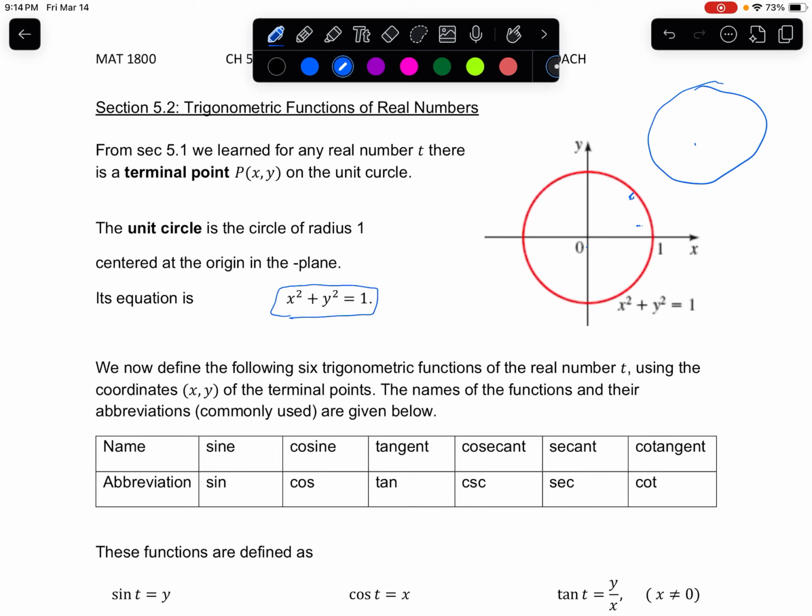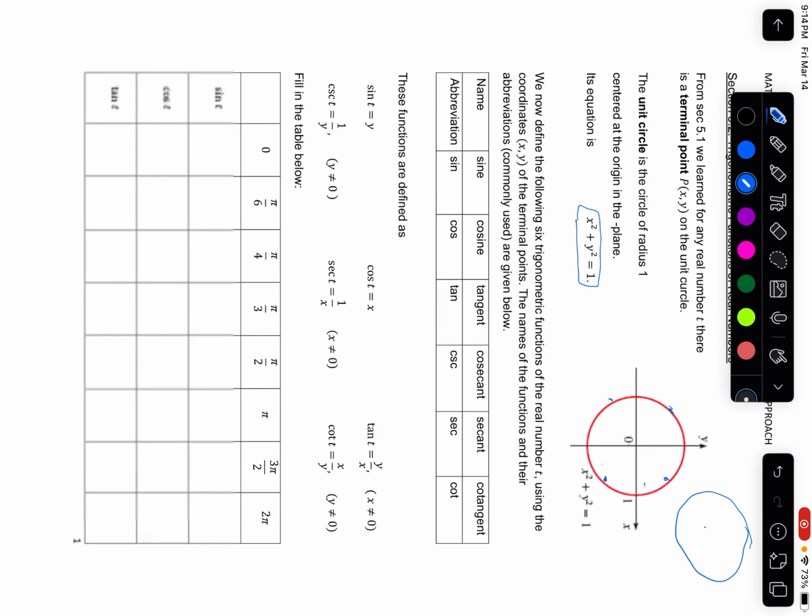It could be in the first quadrant, the second, the third, or the fourth quadrant, or it could be on one of the points where the axes intersect the unit circle. So here we will talk about the special points that we learned in section 5.1, the t values for which the terminal points can be found on the unit circle.